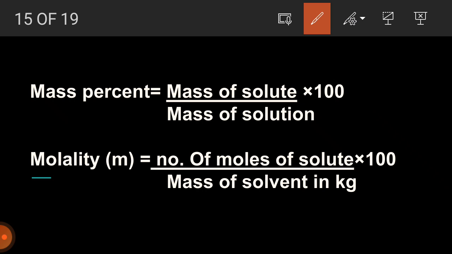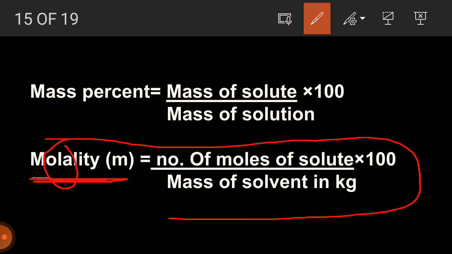Similarly, there is another formula for molality. This word has to be pronounced properly. This is molality. There is another word which has R over here instead of L, and that is molarity. The definition for molarity is different and molality is different.